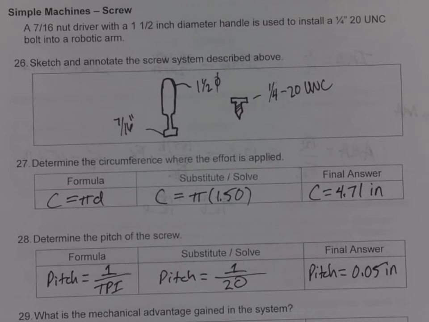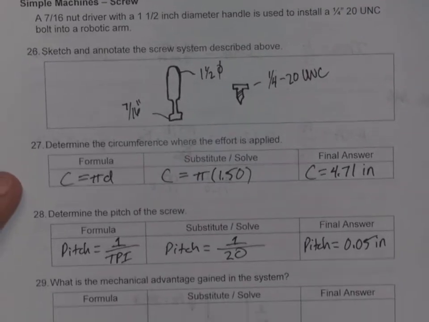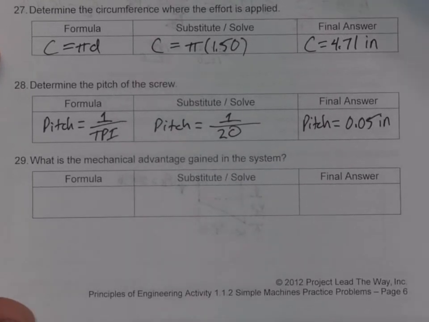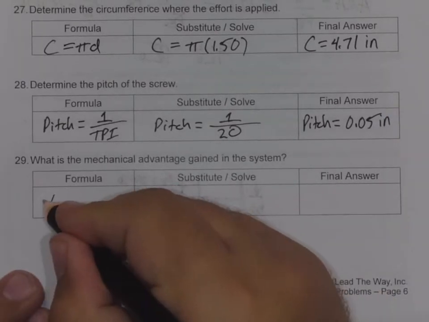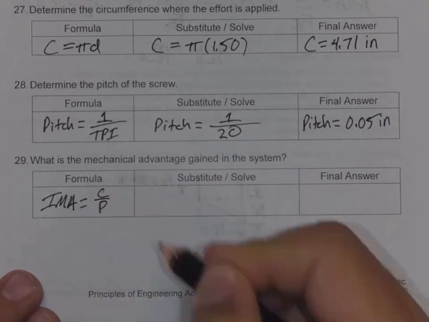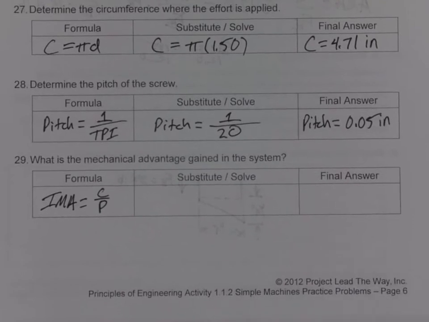Alrighty, our next problem has us finding what is the mechanical advantage of the system? So we've got a circumference, we have a pitch, screw, IMA. They do not specify which type of mechanical advantage they want. They just want to know what's the mechanical advantage. And again, in these problems, we're assuming AMA and IMA are equal to each other.